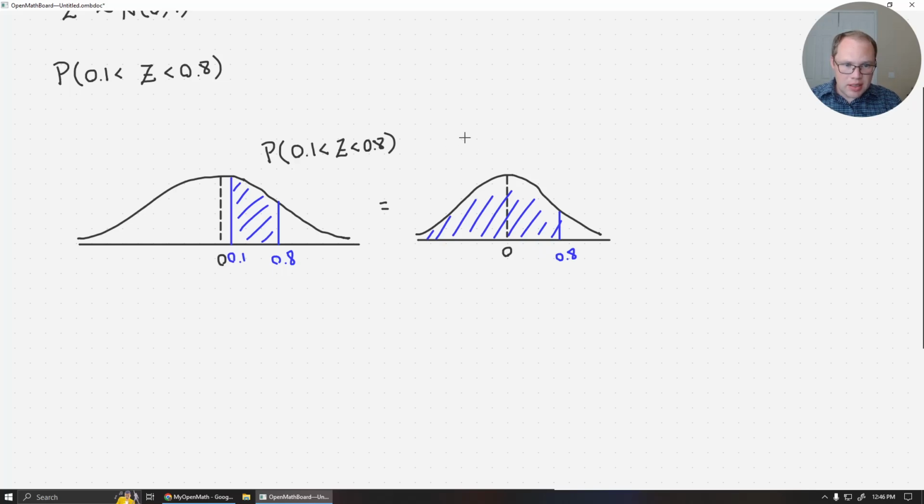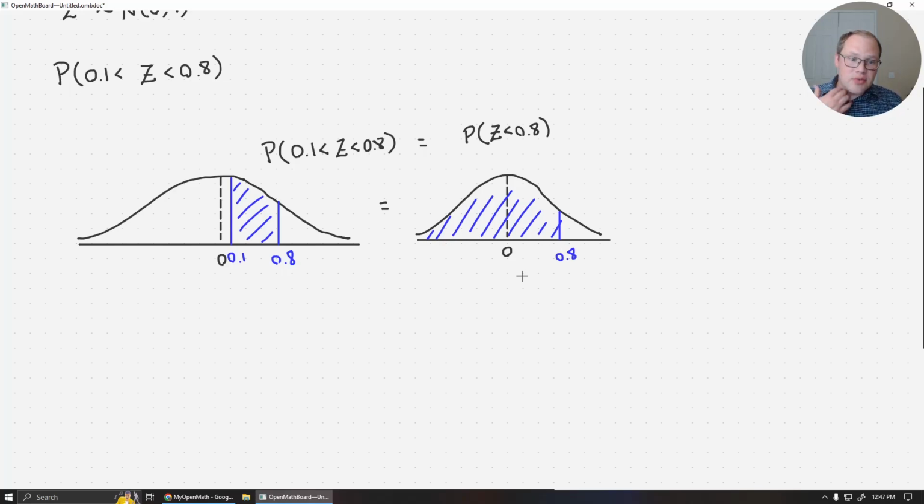So that would be the probability that z is less than 0.8. Now, I like this one because I can use that p-norm function to calculate that probability, can't I? That's the kind of probability that the p-norm function allows me to calculate when I'm interested in values less than some number.